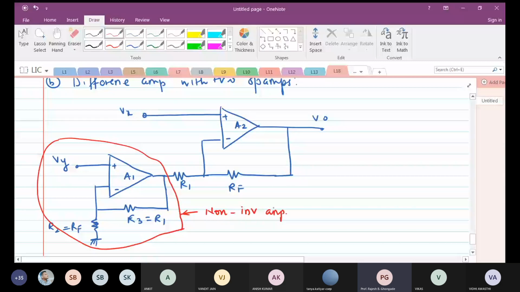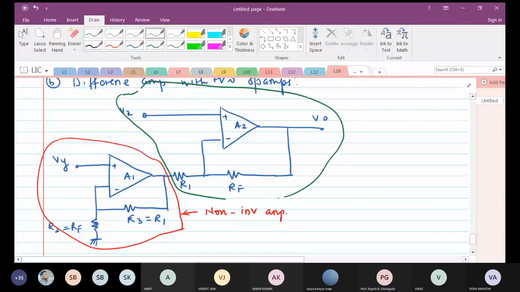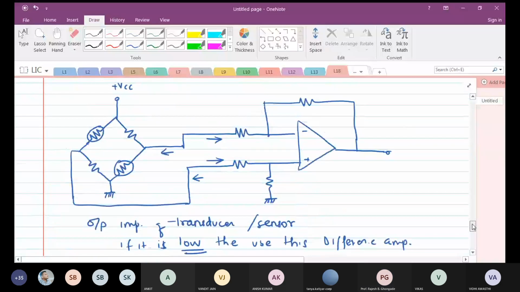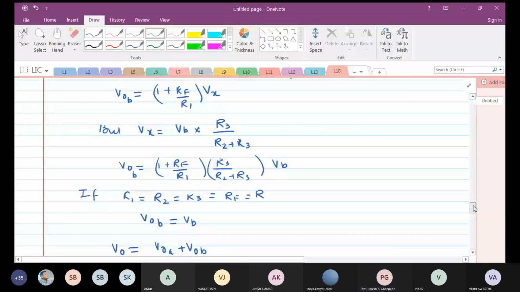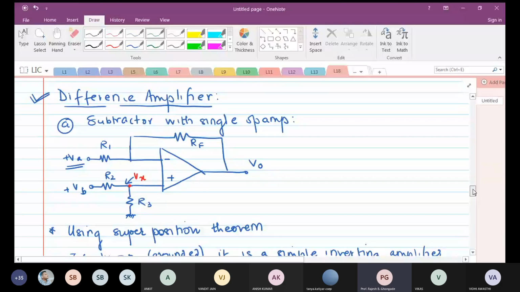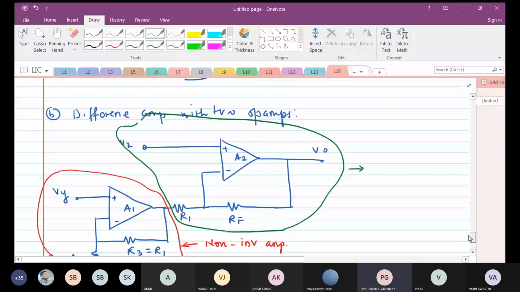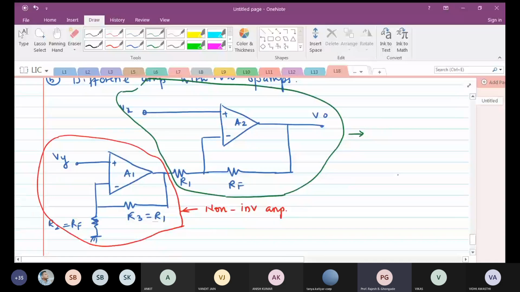And what is this circuit then? Don't you see it is a difference amplifier? Isn't it? Come on, guys.